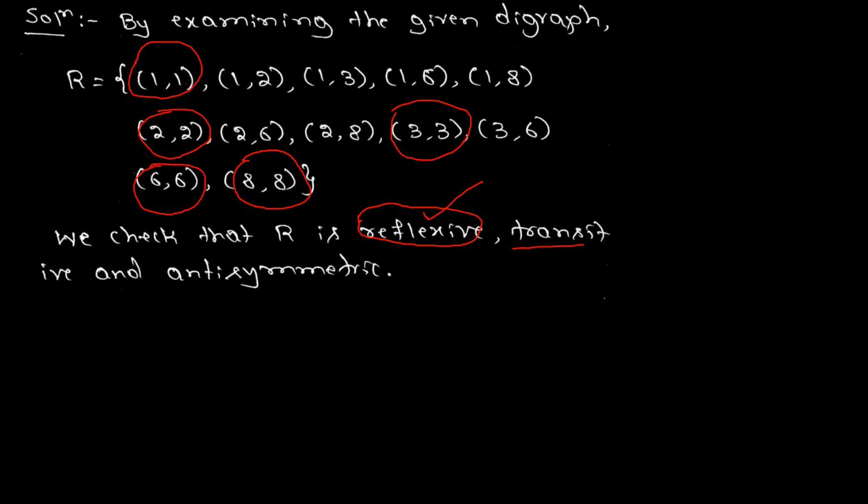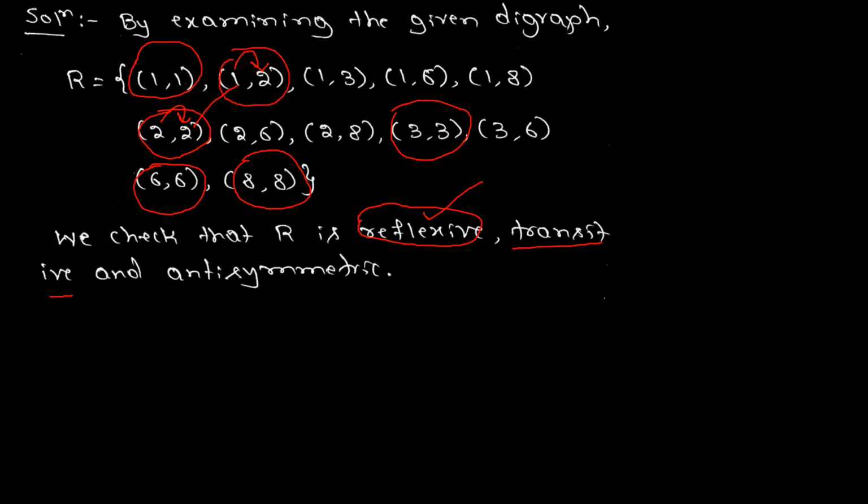You can verify that it is transitive also, because you can see here we have 1 to 2 an arrow and 2 to 2 an arrow. Therefore we must have an arrow from 1 to 2. Yes, we have this itself.